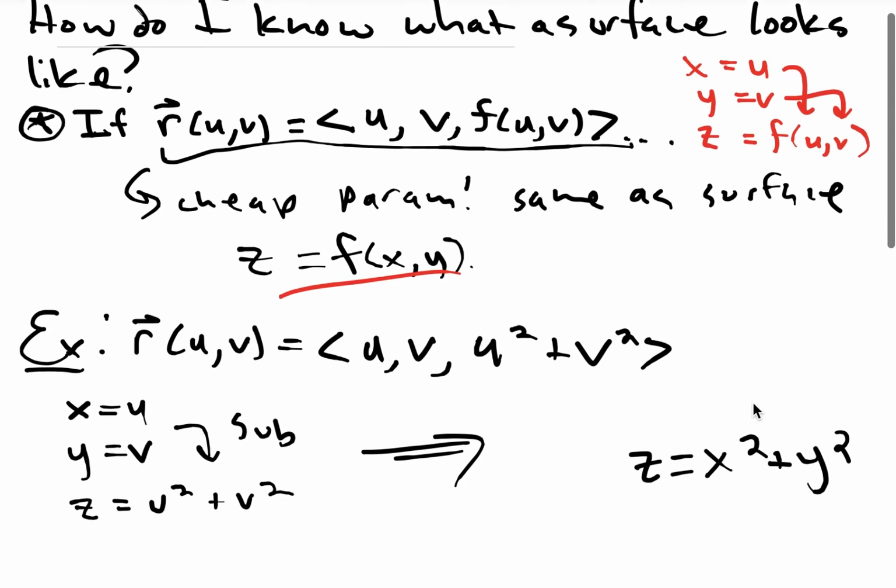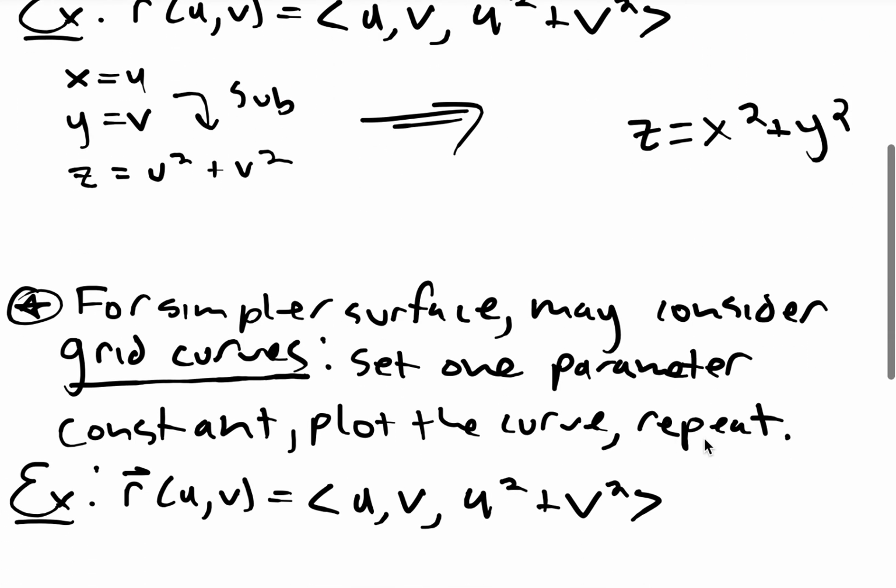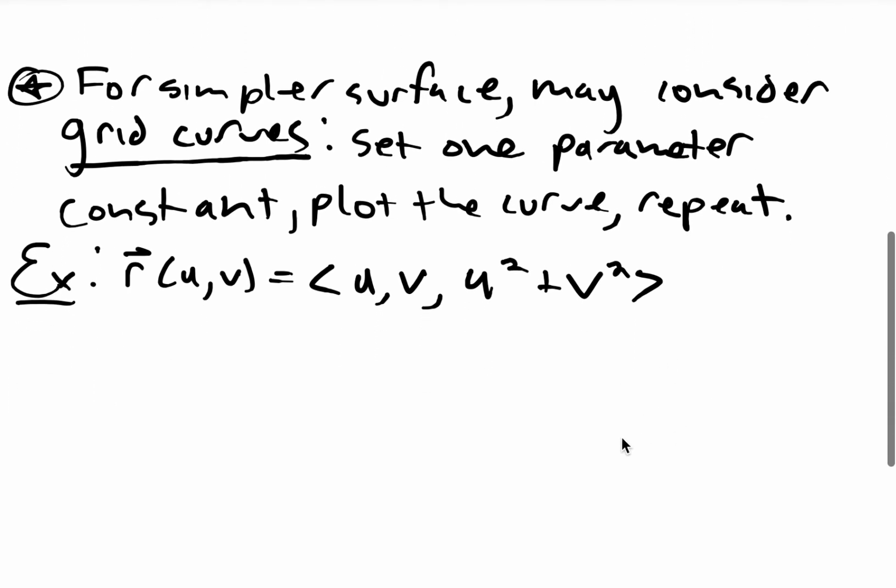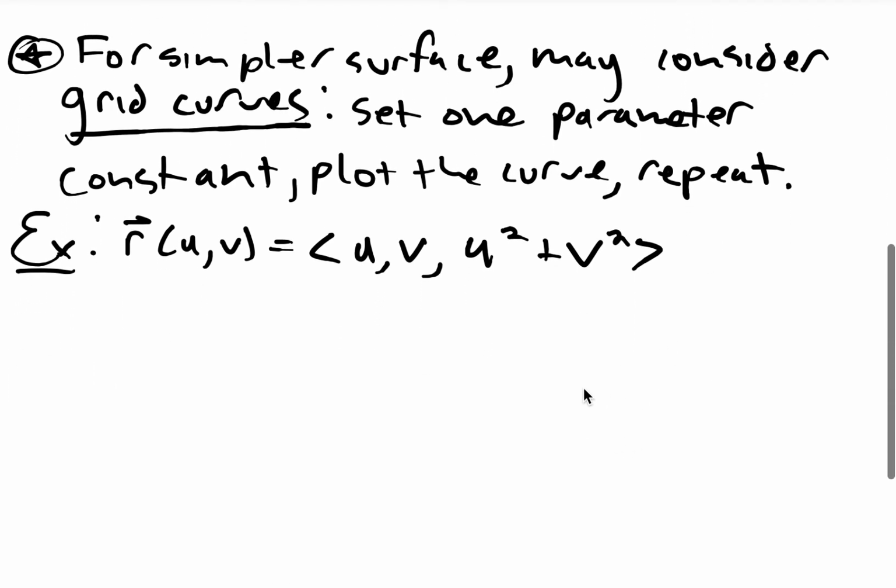Now, if you want a different approach, let's say you don't necessarily have u and v written in this format, but here we'll try the same example again just to highlight how this works.